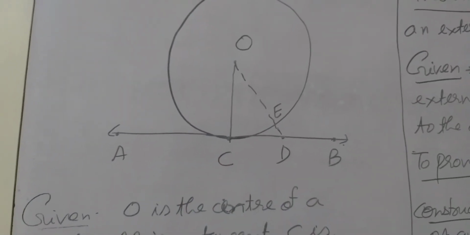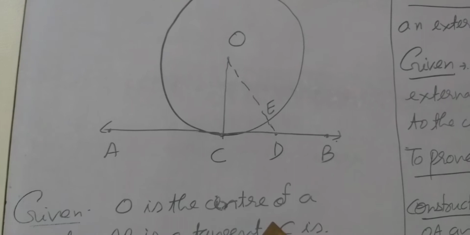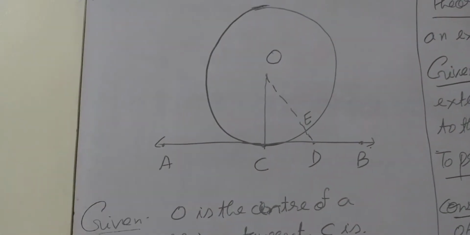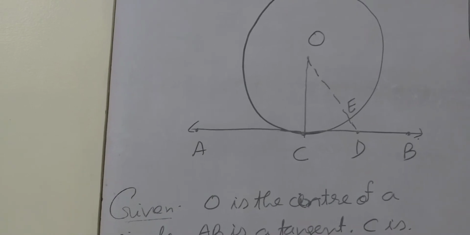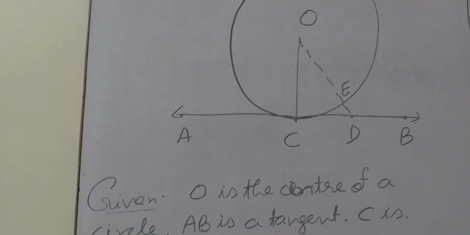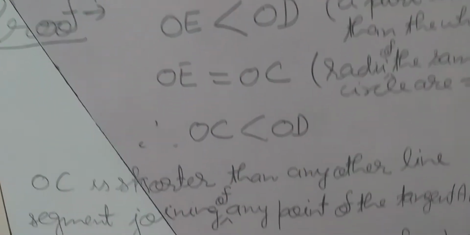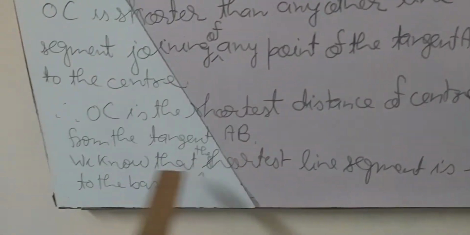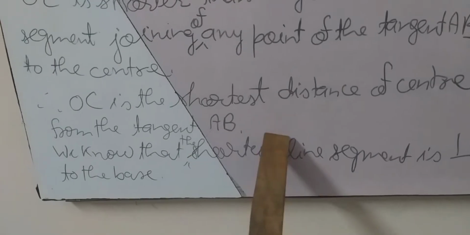It means OC is the shortest line segment drawn from center O to tangent AB. So I have written here OC is the shortest distance of the center from the tangent AB.